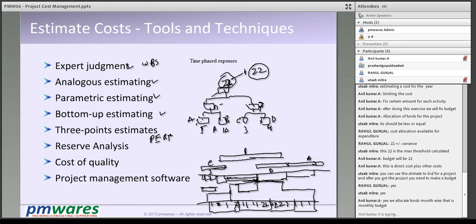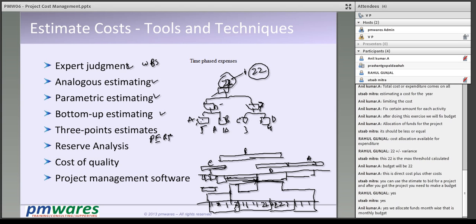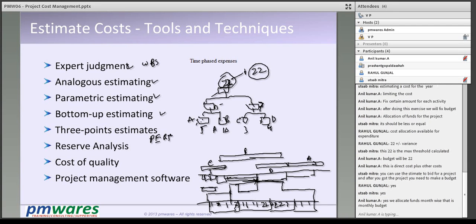So money is spread as per the schedule, and then we freeze monthly expenses: in first month we will spend this much, in second month we spend this much, and so on. That freezing will be our budget. So normally our budget comes like this.